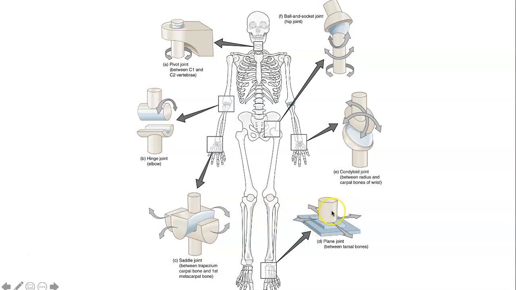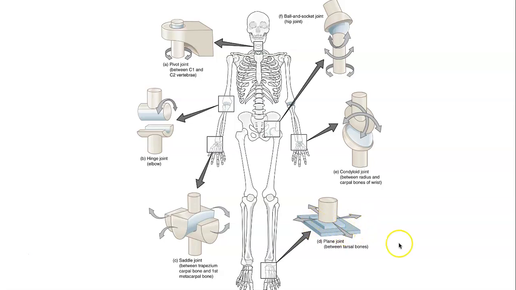Okay, next one is the plane joint, which is also called a gliding joint. The articulating surfaces here are flat or slightly curved and are approximately the same size. So you can see it's sort of just like they glide against each other. The motion at this type of joint is usually small and tightly constrained by surrounding ligaments.